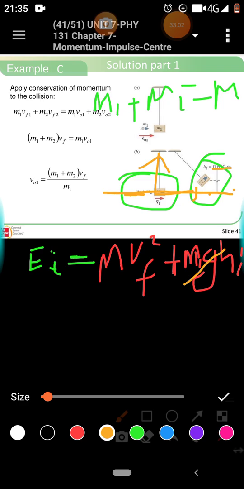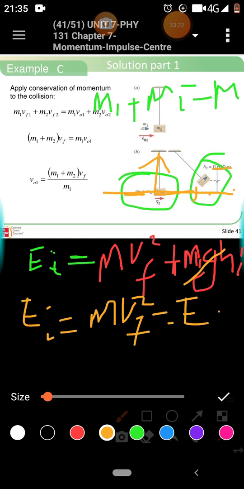So the initial energy will be the total mass times the final velocity, and then we need to equate this to the final energy.